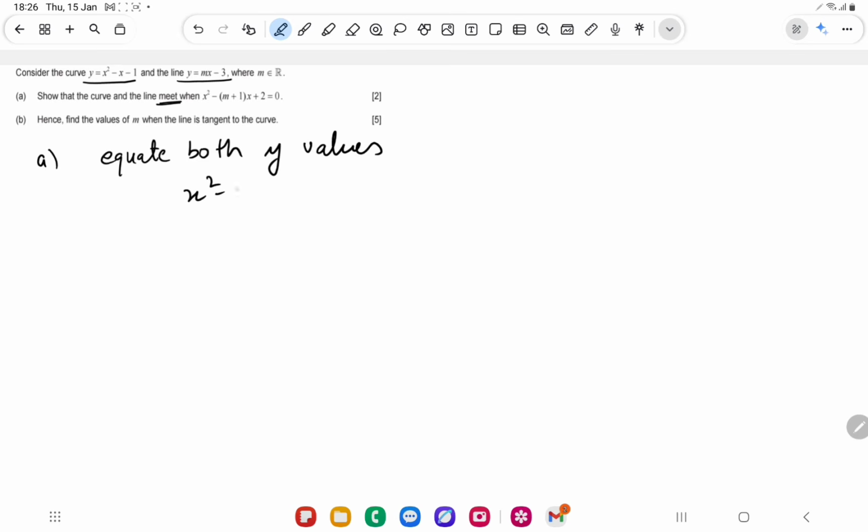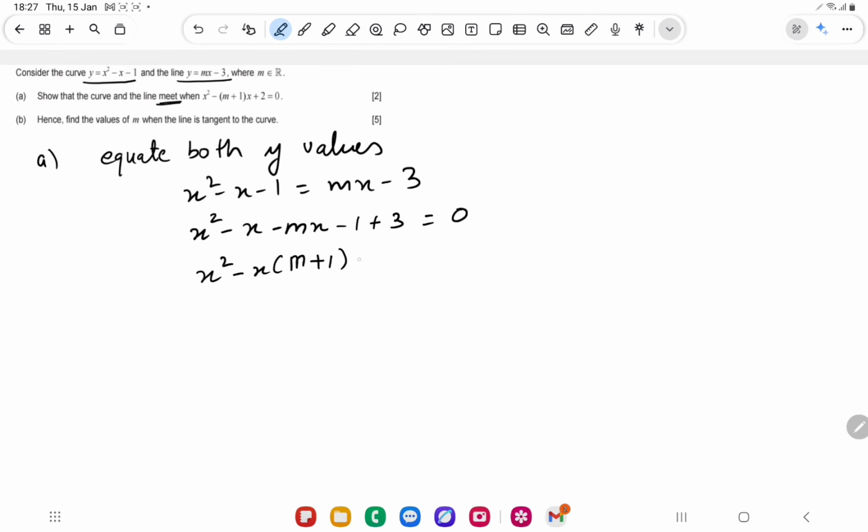So I can write x square minus x minus 1 as mx minus 3, and now I just need to simplify this. So I am bringing everything to left side. Now I can take x common, that will be x square minus (m plus 1)x plus 2 is equals to 0. This is what we have to show in A part.